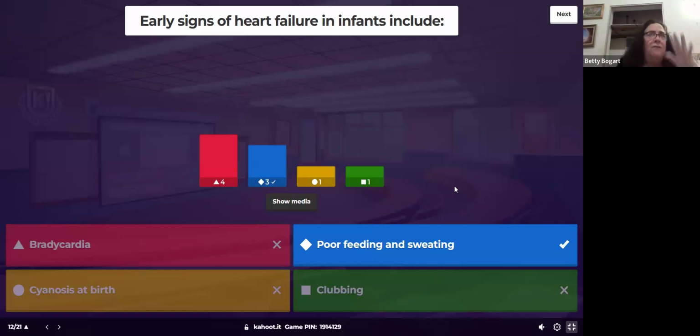Think about it. Heart failure means the heart's not beating right, which means oxygen is not going around the way it should, fluids building up in the lungs. What are going to be signs? Well, I can't eat. I have no energy. I have no oxygen. And with that, I'm working so hard, I'm sweating. That's how you got to that answer, okay?